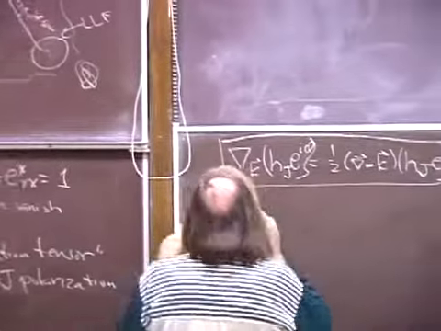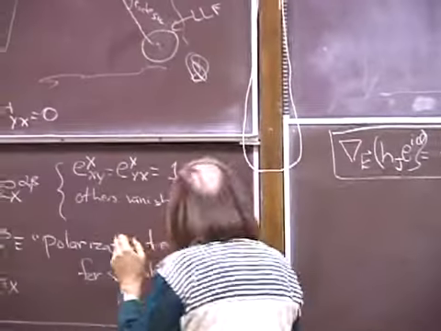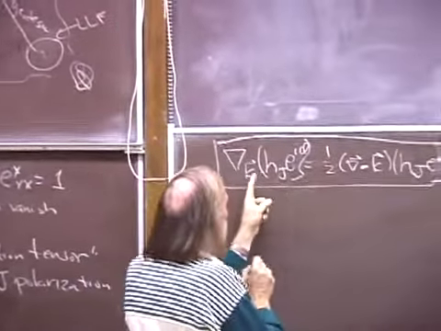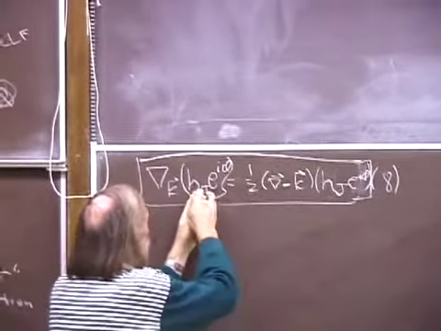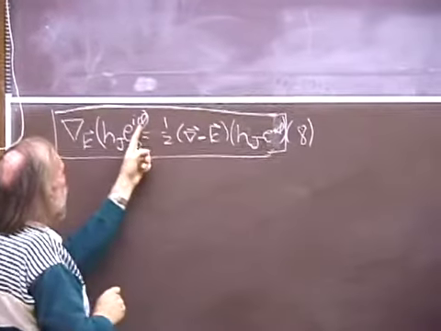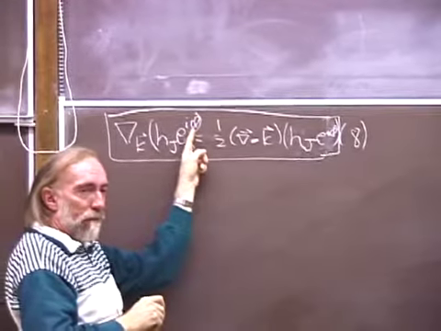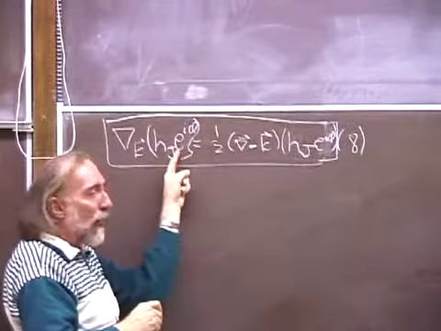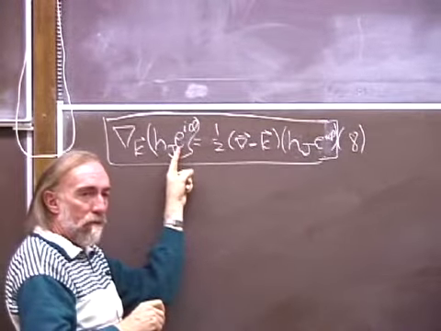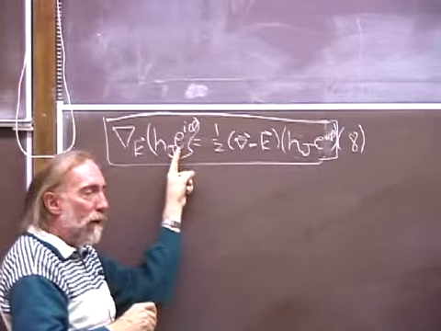Now, what I derived was a transport law for h along k, but the phase is constant along k. And so I can put the e to the i phi in here if I wish. Why is the phase constant along k?